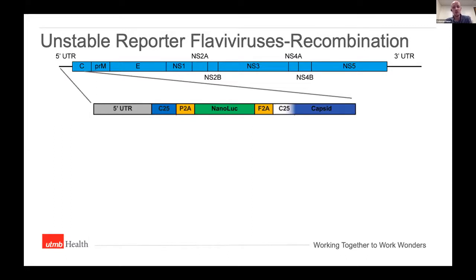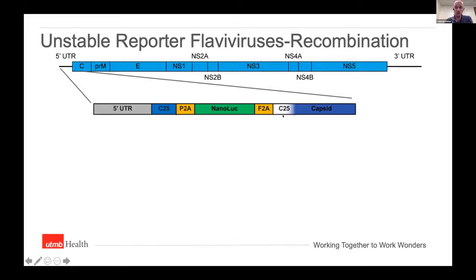To do this, you have to duplicate a portion of the capsid, which is shown here. This is 25 amino acids that are being duplicated, followed by a 2A sequence to separate these gene products, and the luciferase gene, another 2A sequence, and then the rest of the genome, starting with the full capsid sequence.